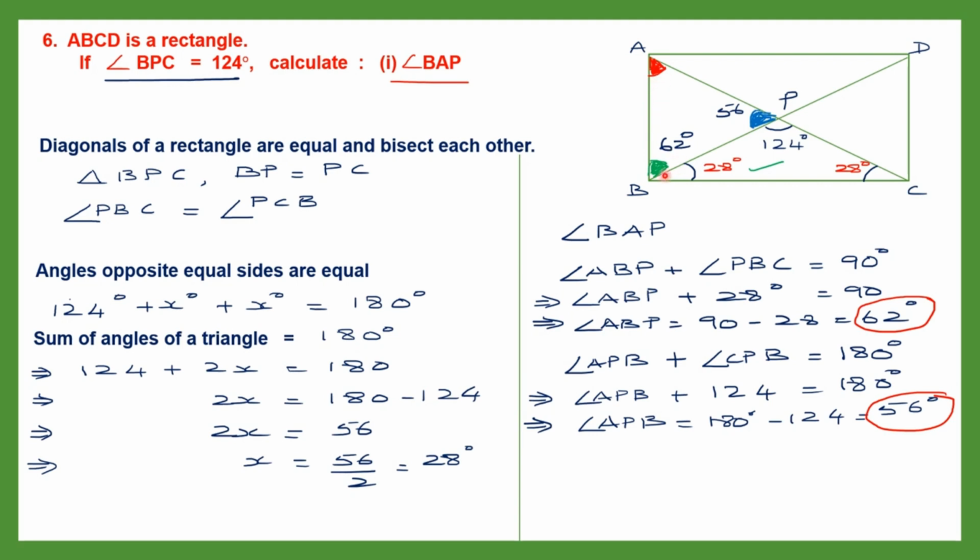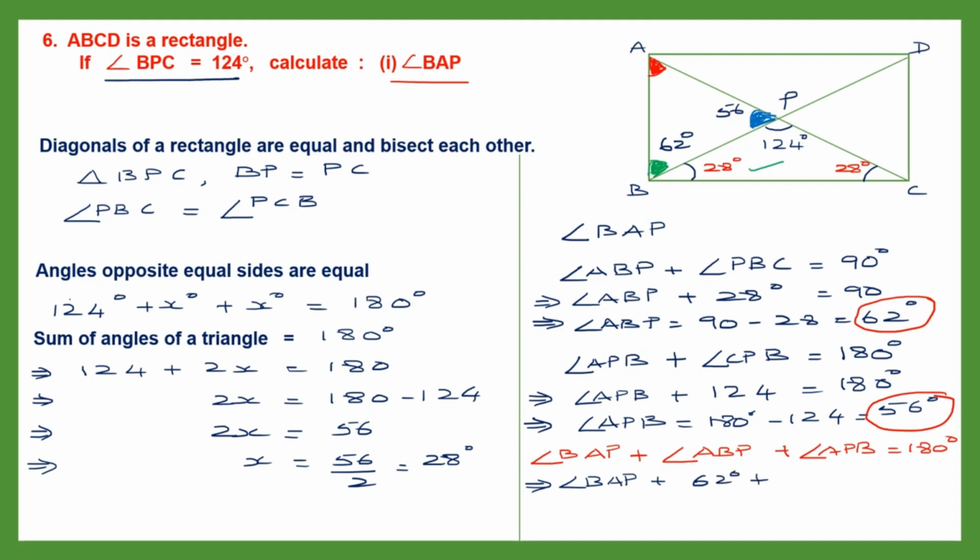So this is angle BAP. This is what we are asked to find out. So let me write that. Angle BAP plus angle ABP plus angle APB, all this should add up to 180 degrees. So we have three angles here. BAP is what we're going to find out. Adding the other two angles should come to 180. So how much is ABP? 62 degrees.